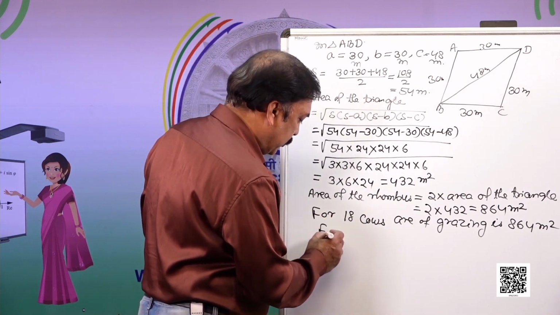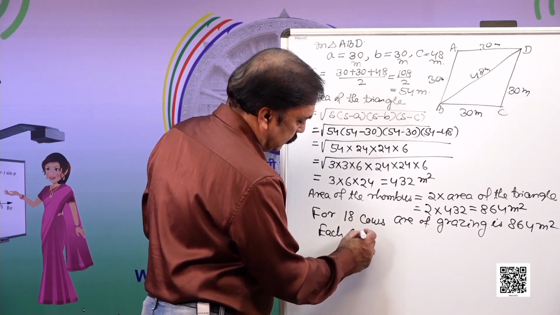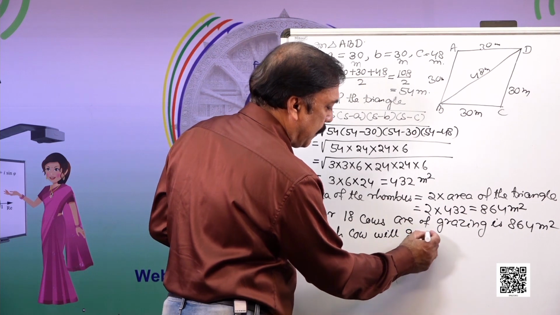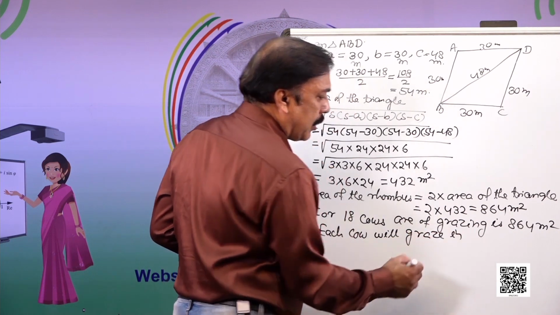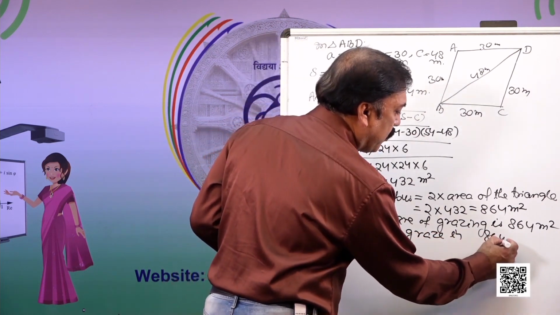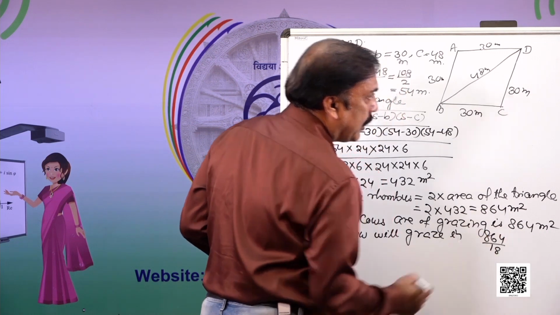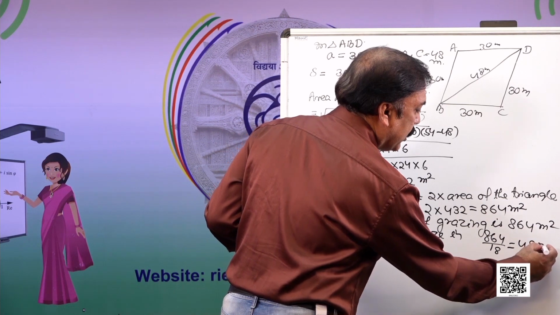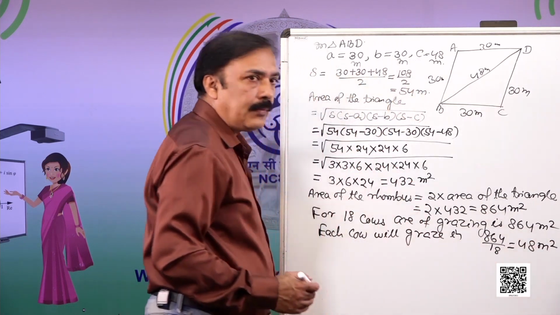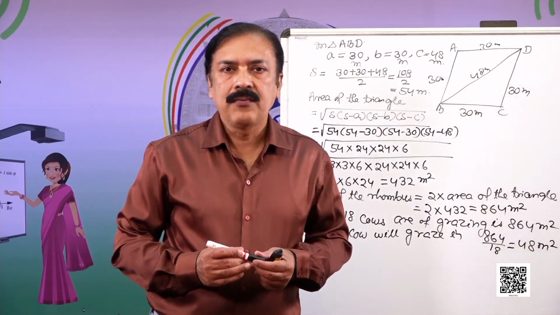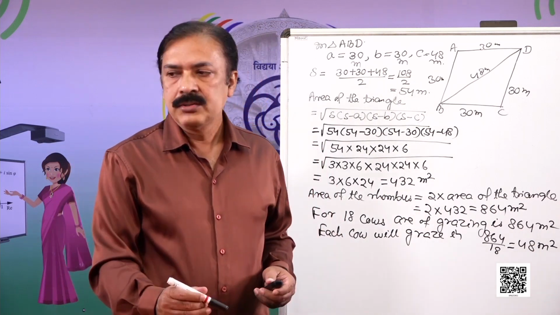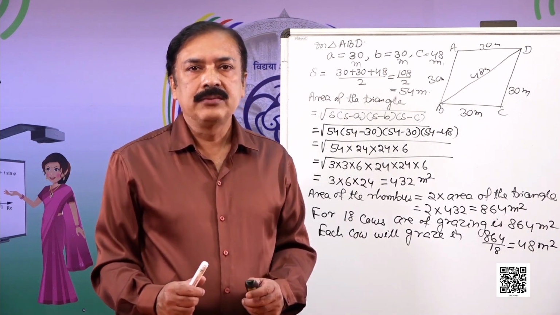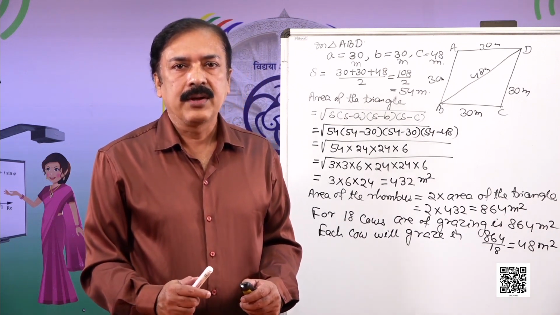Each cow will graze in 864 divided by 18, that gives 48 meter square. That means out of those 18 cows, for each cow we have 48 meter square for grazing.